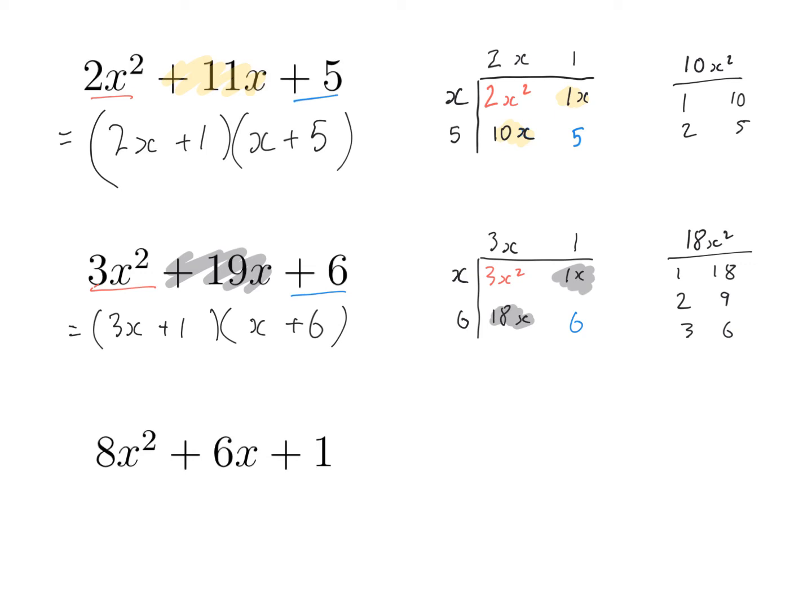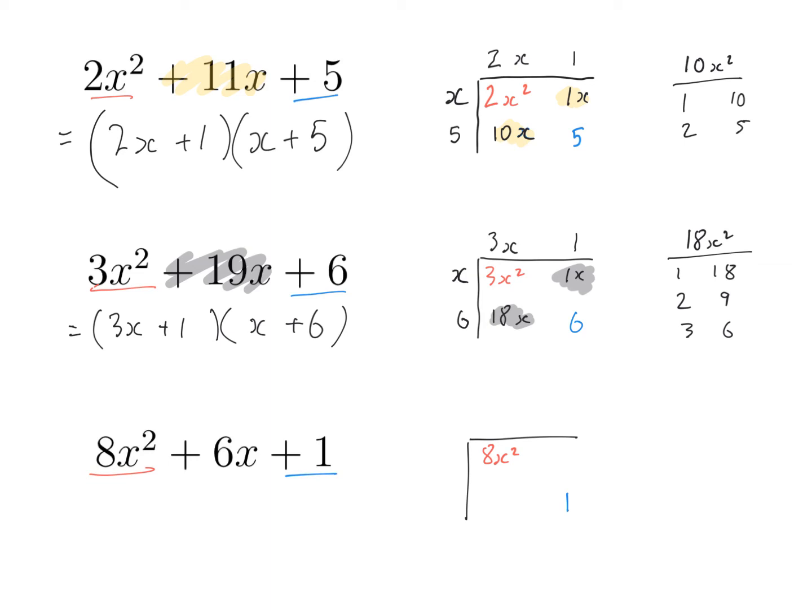Last one, so again exactly the same. 3 terms, all positive, 8x squared plus 6x plus 1. So I can fill in my grid. My 8x squared would have to go there. My positive 1 would have to go there.